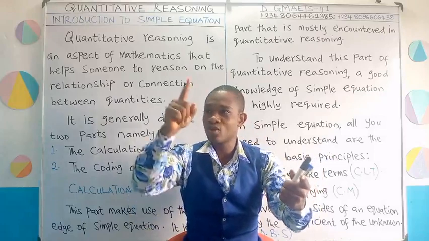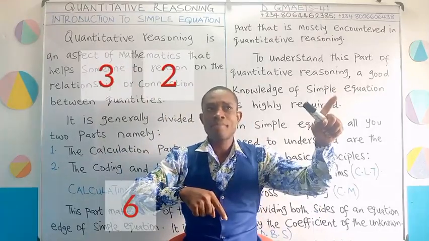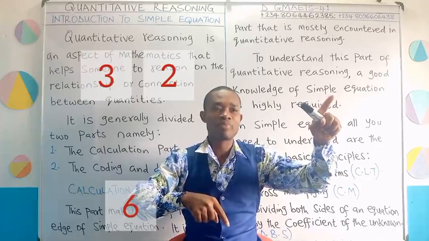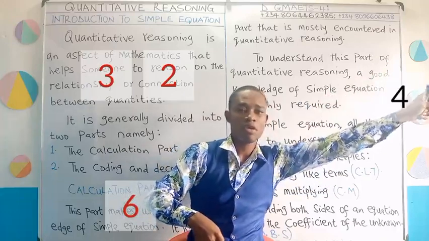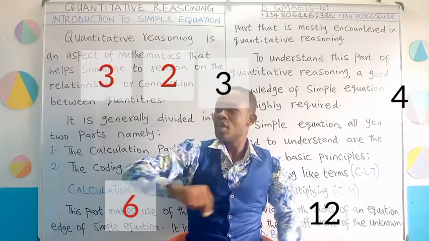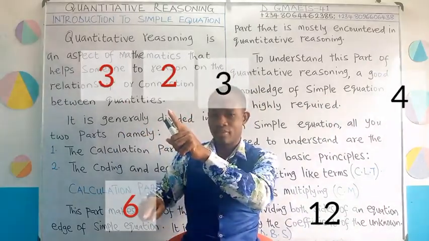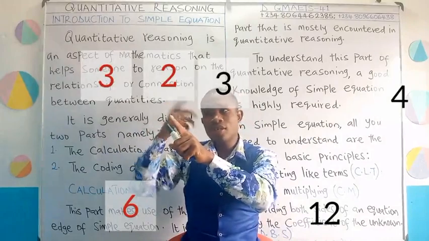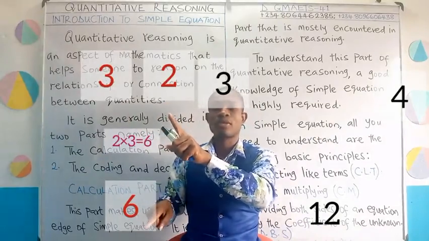If I give you, let's say, 2, 3, and 6, I may choose to give you another sample, 4, 3, and 12. If you go to the 2, 3, and 6, and you check the sample, you may just start thinking, okay, 2 times 3 is equal to 6.